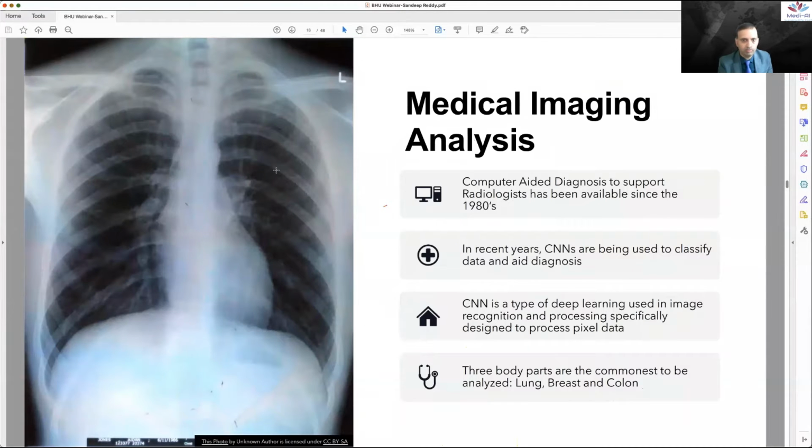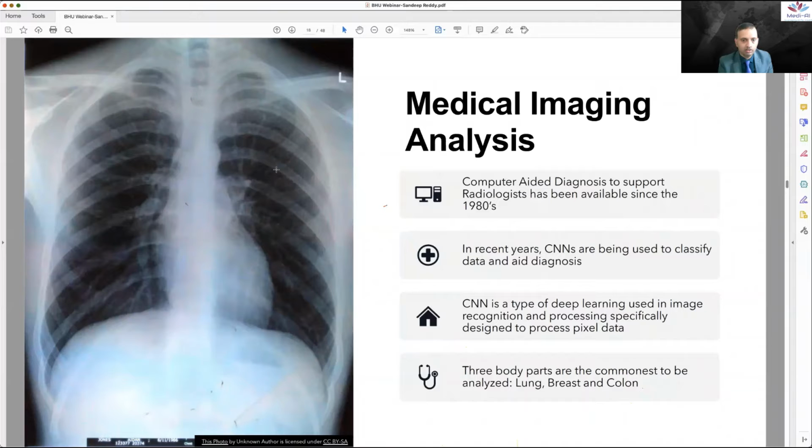So what is medical imaging analysis? It's nothing but the use of computers or artificial intelligence to interpret X-rays, MRIs, and other medical images. But the concept of using computational algorithms in interpreting medical images is not new. It has been around for a long time.